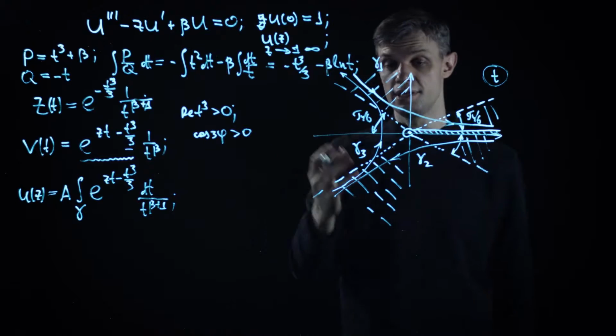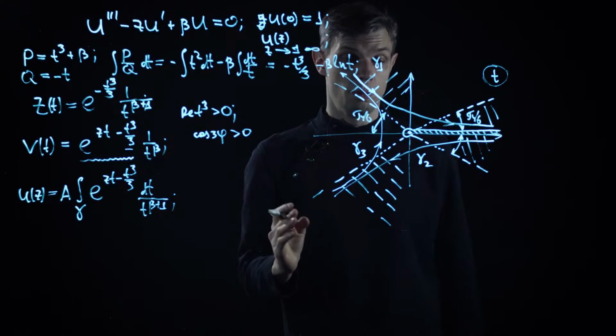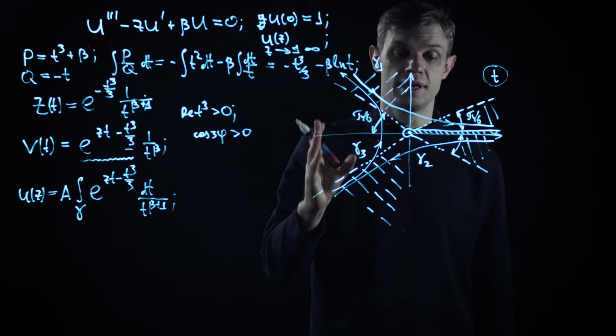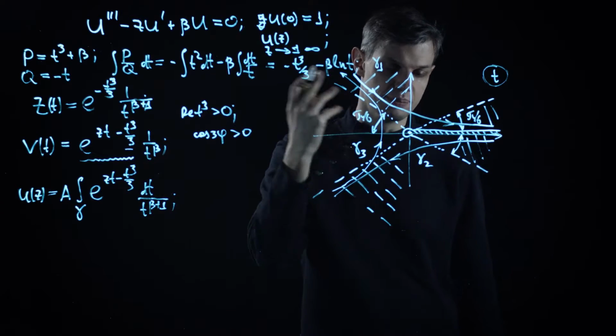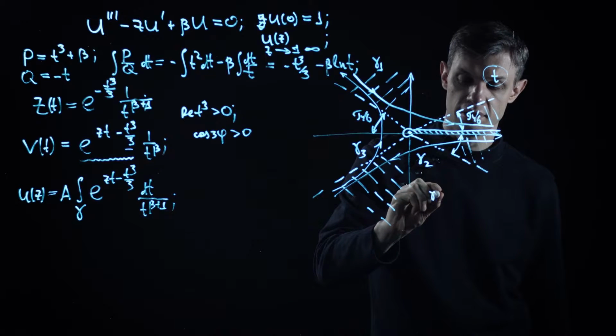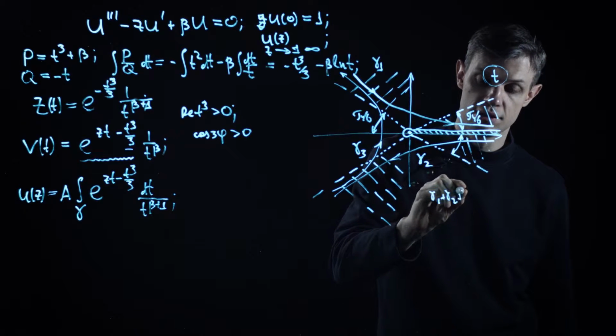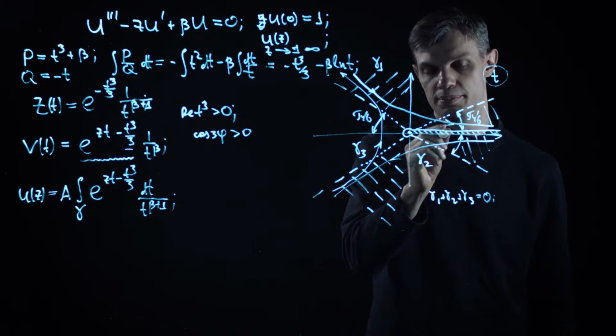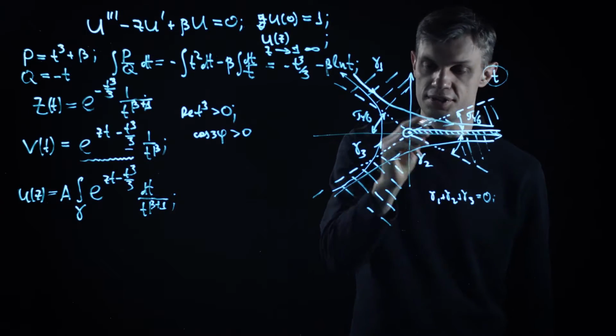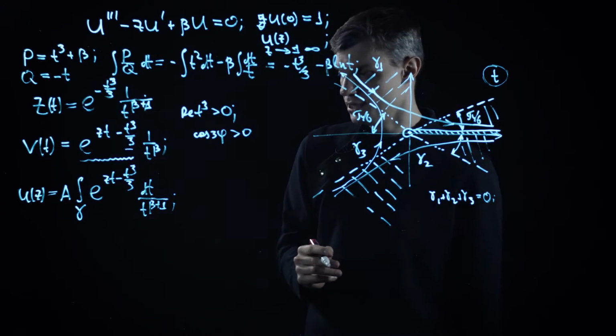Those are three linearly independent solutions. Obviously, they can't be deformed smoothly into one another, and one can't compose a linear combination of these contours to get the zero contour, due to the presence of this branch cut. So these are all linearly independent solutions.